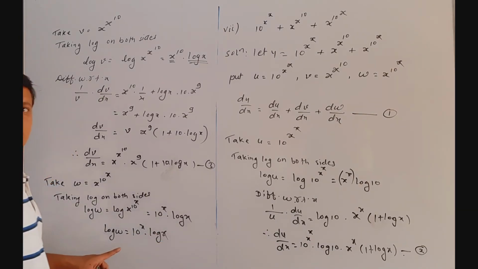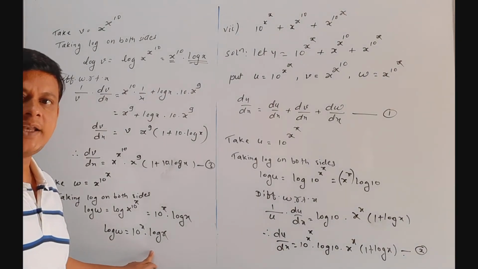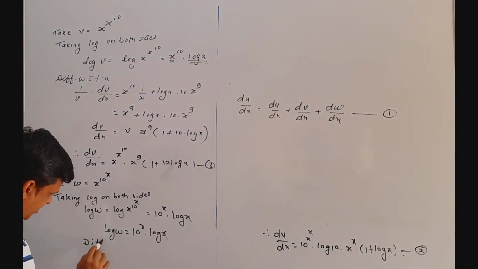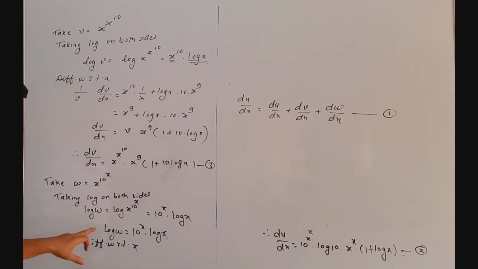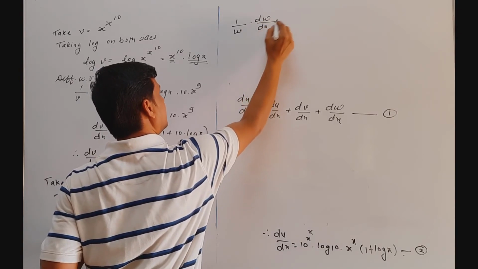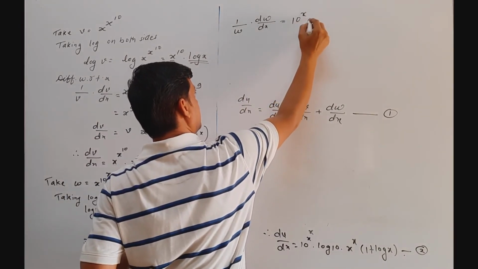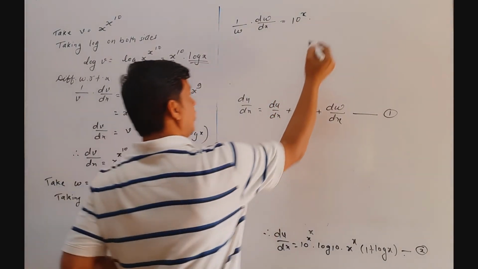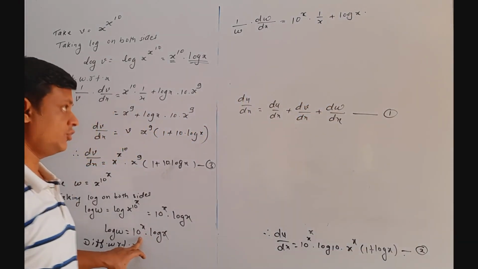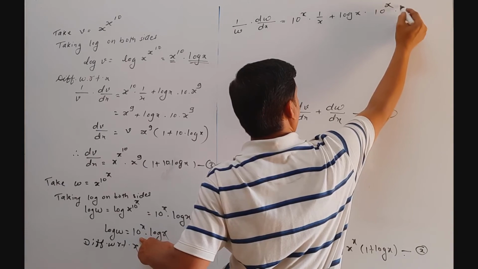Now we have to find the derivative of this. We apply the product rule for the RHS. Differentiate with respect to x. The derivative of log w is 1 upon w into dw by dx, equals, applying the product rule, first function 10 raised to the power x into derivative of log x. Derivative of log x is 1 by x, plus second function log x into derivative of 10 raised to the power x. The derivative of 10 raised to the power x is 10 raised to the power x into log 10.